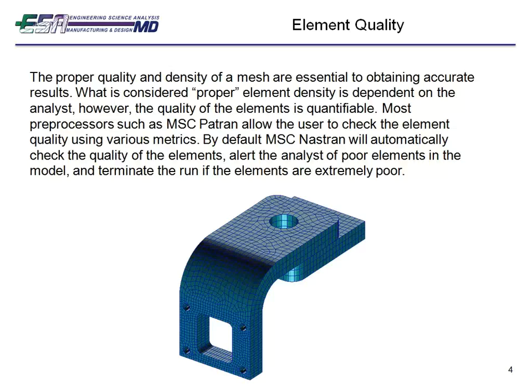However, the quality of elements is easily quantifiable using different metrics that are available in preprocessors such as Patran, or in solvers such as MSC Nastran. In Nastran, the elements are automatically checked and will alert the analyst of poor elements in the model and even terminate the run if elements are extremely poor in quality.